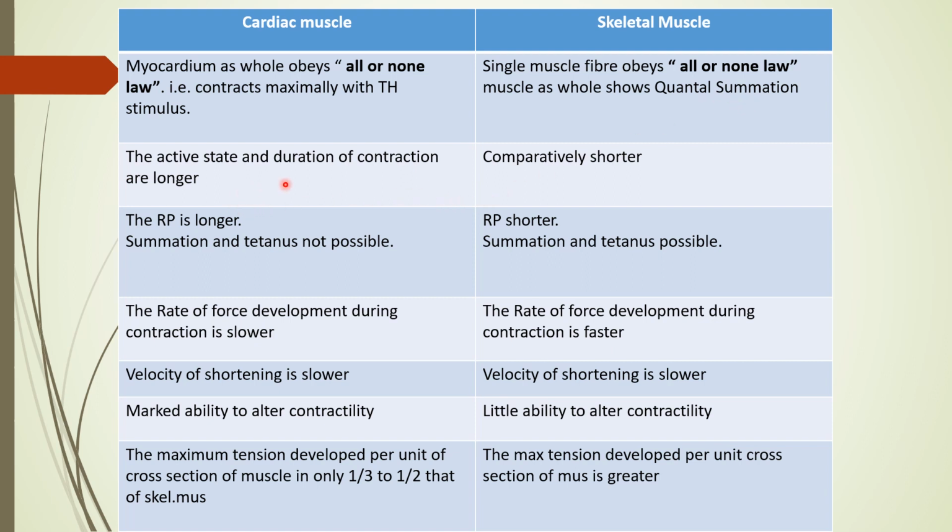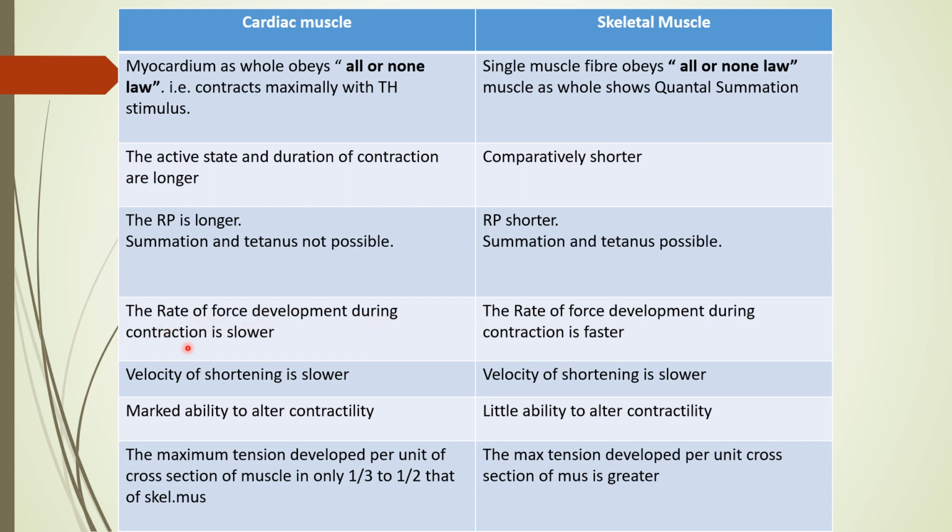The active state and duration of the contraction are longer in cardiac muscle, and in skeletal muscle they are very short. And the refractory period is longer. Summation and tetanus are not at all possible, but summation of subminimal stimuli is present in cardiac muscle. And in skeletal muscle, the refractory period is shorter and summation and tetanus are possible.